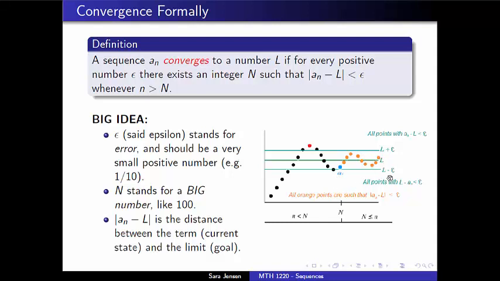The colors that we're seeing here on the slide is indicating that this blue value, its index, capital N, big N, is that index value for once we're past here, I can guarantee that everything falls within this range. One last very important thing, notice that some of these values earlier on were within the right range.